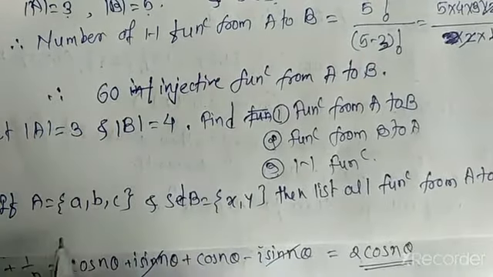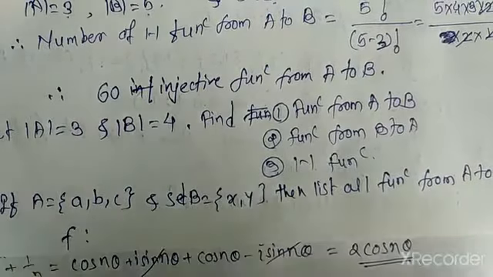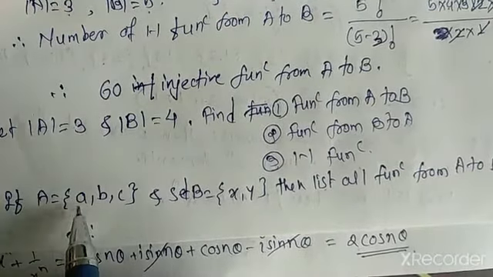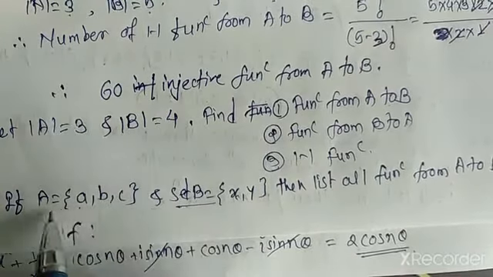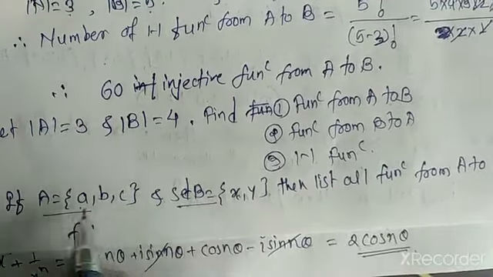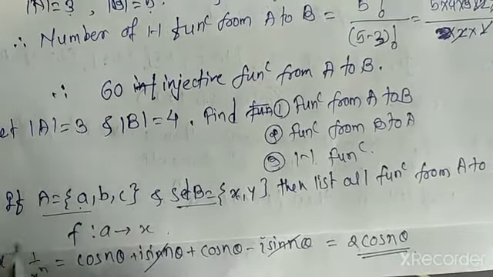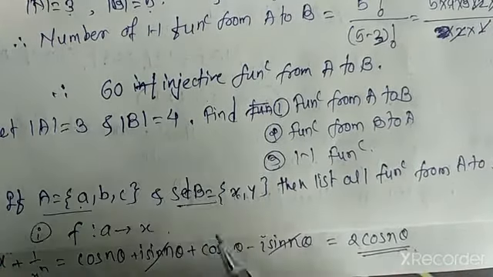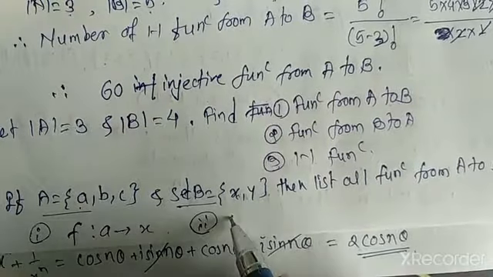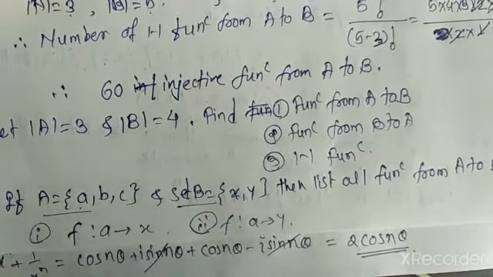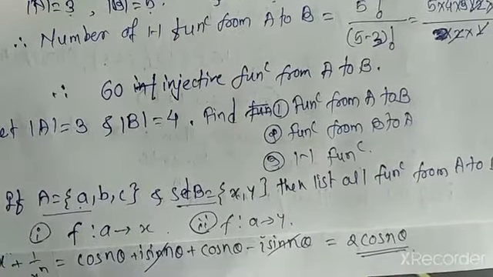For example, F is a function from A to B, then first calculate how many functions there are from A to B, and after that, here a goes toward x. This will be your first. Second, F as a to y. Similarly, you have to calculate the remaining ones also.